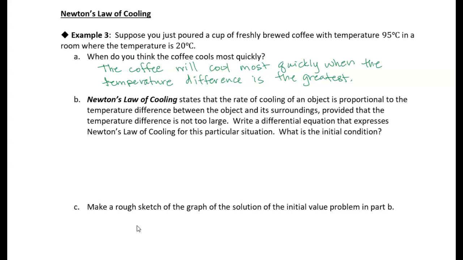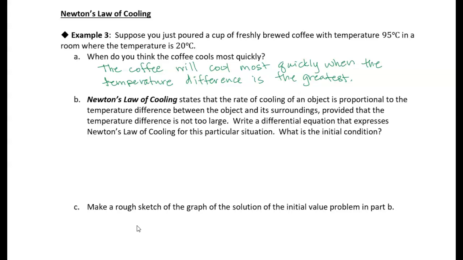You're assuming that the room is a big enough heat sink that it's not going to change temperature. The coffee is small compared to the room, so the room isn't going to change temperature because of the coffee, but the coffee is going to cool off, and eventually it'll be at room temperature, and it's not going to go any lower than room temperature. So it's going to approach the room temperature asymptotically.